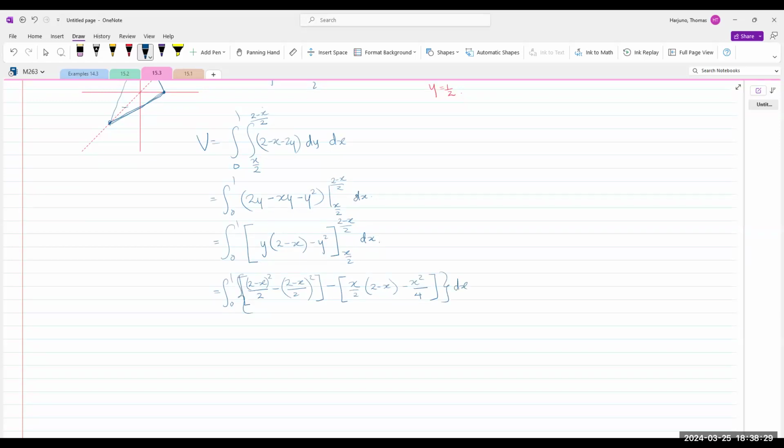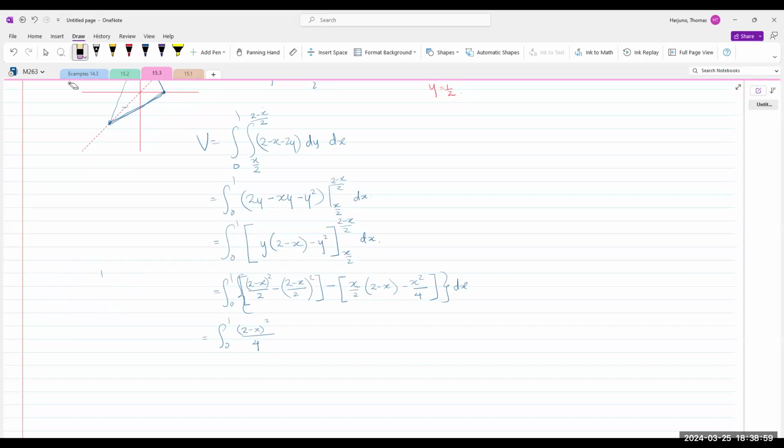I hope you can see the reason why I do that, especially for the first term here. You see that I have (2 minus x) squared as a factor. 1/2 minus 1/4, that's 1/4. This should be over 2 and then over 4 here. So that's how I get that 1/4.